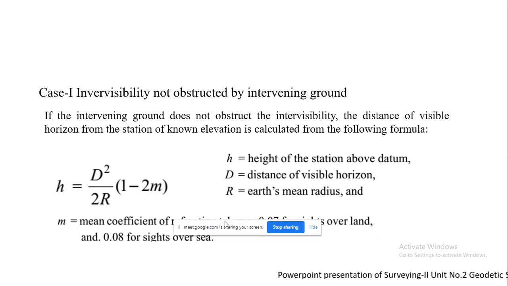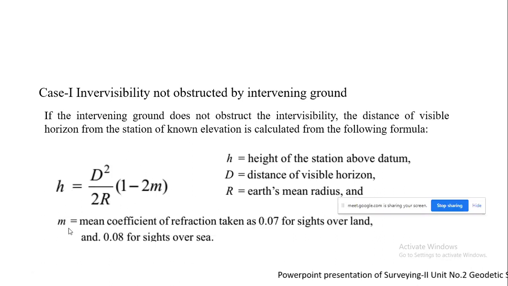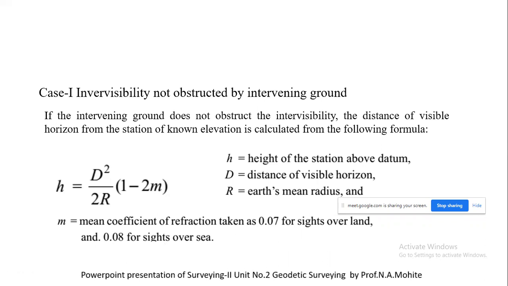The value m is the mean coefficient of refraction, which is taken as 0.07 for sites over land and 0.08 for sites over sea. That is the formula.